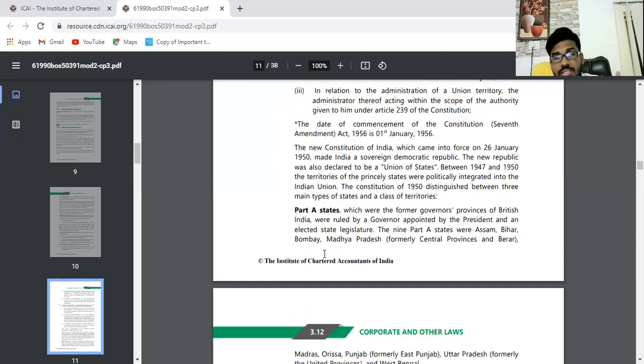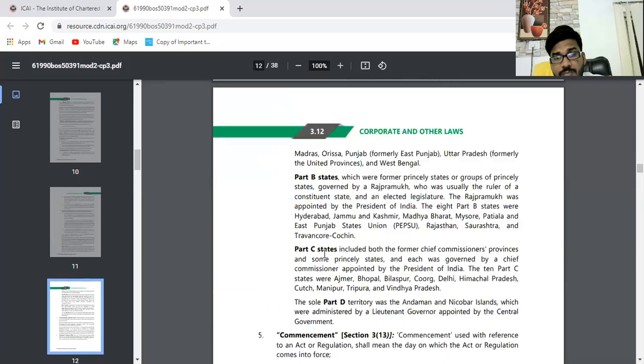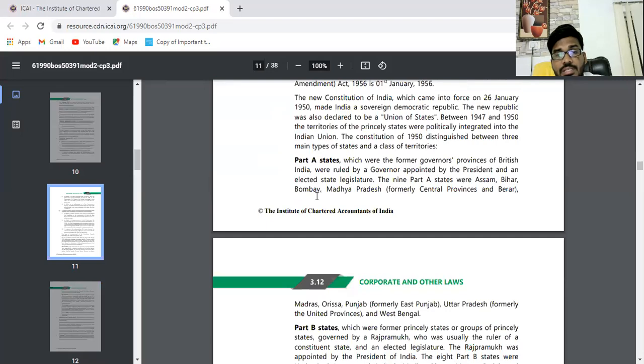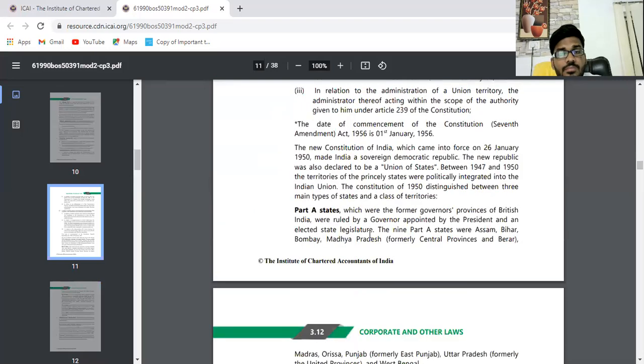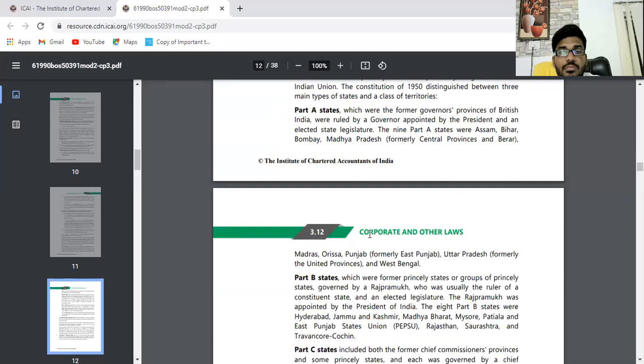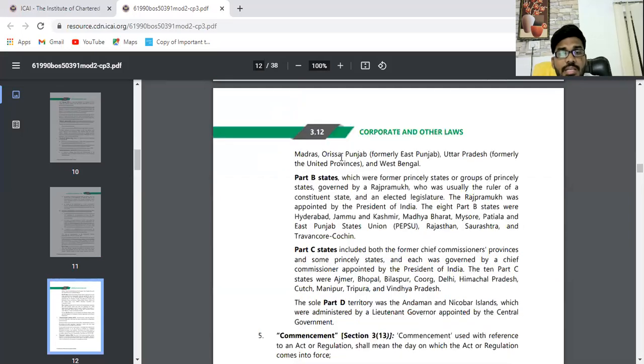Now we have discussed part A states, part B states, part C and part D. Part A states, what is that, sir? Governor is appointed, the former governors' provinces of British India. Part B states have Raj Pramukhs.